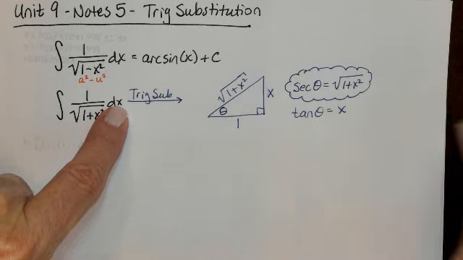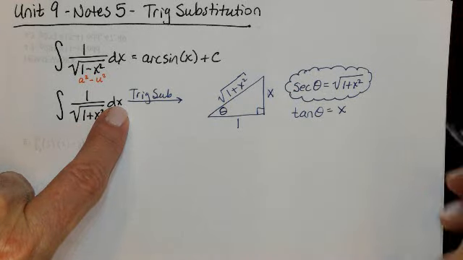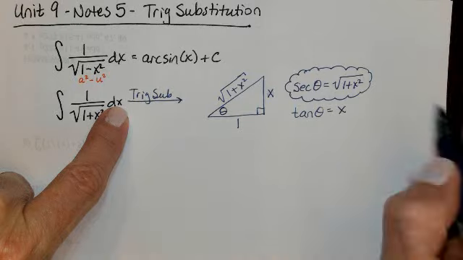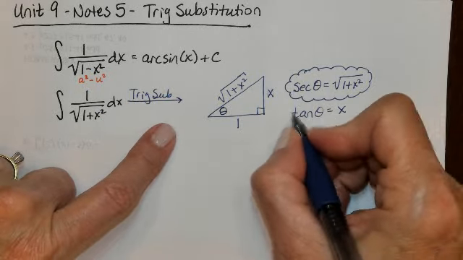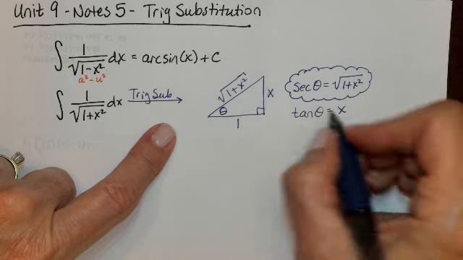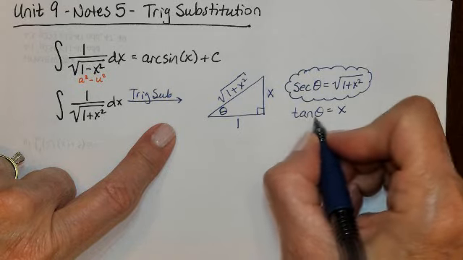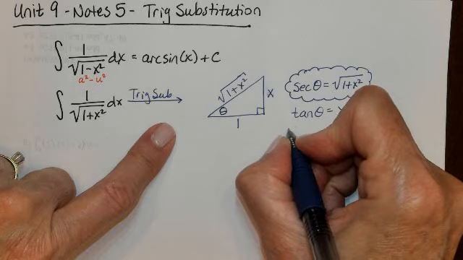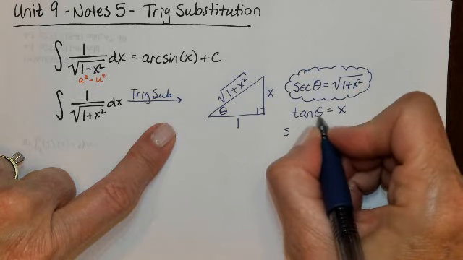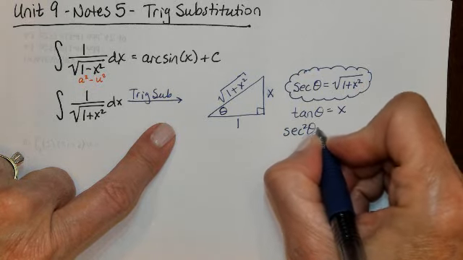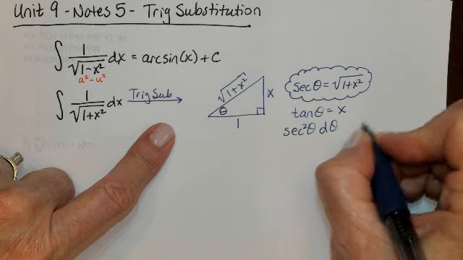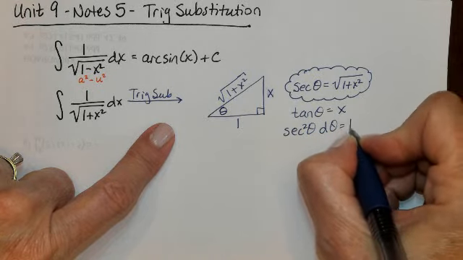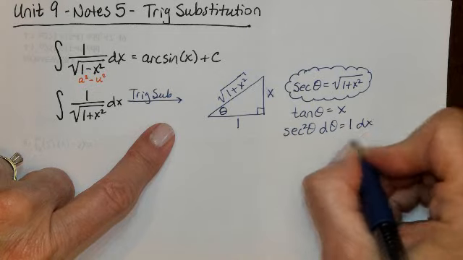I want dx, so now I take the derivative of both sides with respect to x, right? The derivative of tangent theta is secant squared theta, d theta dx, right? I'm going to be multiplying the dx on the other side, and this will be equal to 1, and now I'm going to bring my dx over.